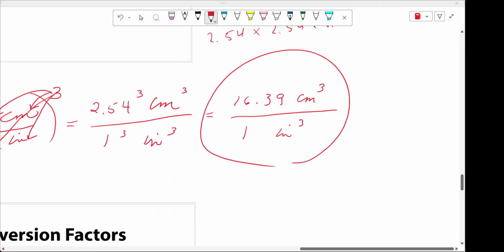For example, my TI-84 has something called a caret, and that's a pretty universal power or exponent. So I would go 2.54 caret 3, enter. Or you can go 2.54 times 2.54 times 2.54, or you can use the X to the Y. X is the first number you put in, Y is the second number.